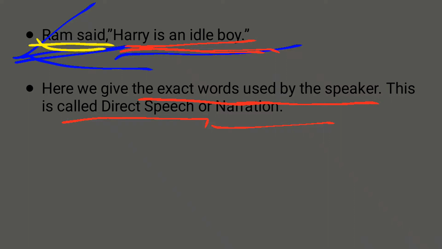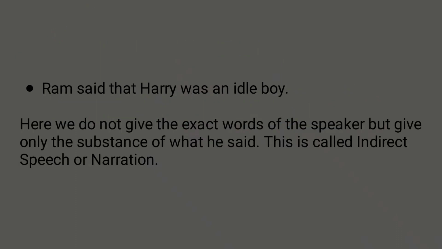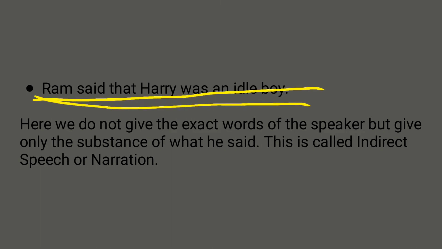Let's see the other sentence. Ram said Hari was an ideal boy. I have said the same thing, but I have not given the exact words that were used by the speaker. Here we do not give the exact words of the speaker, but give only the substance of what he said.